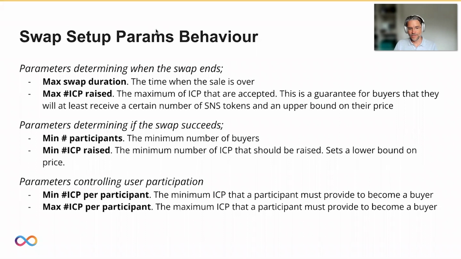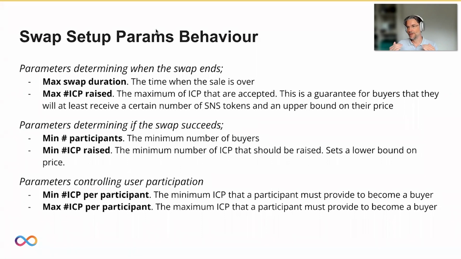The second set of parameters would be parameters that determine if the swap succeeds. These would be the minimum number of participants that you want to participate in the swap. So this would determine really the level of decentralization that you want out of this swap sale. The second will be the minimum amount of ICP.